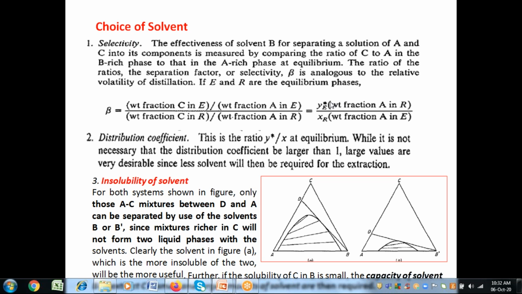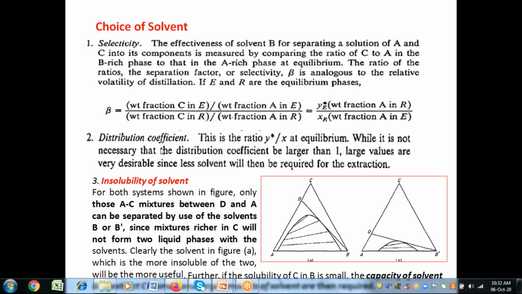There will be two layers together in the solution, but each layer will have all three component compositions equal. That means the system is called a heteroisotrope. So if there is a heteroisotrope, when beta is equal to 1, the separation is not possible. So you have to select E such that A dissolves less, and the beta value is higher. So selectivity will give you one parameter for how the solvent can be chosen.